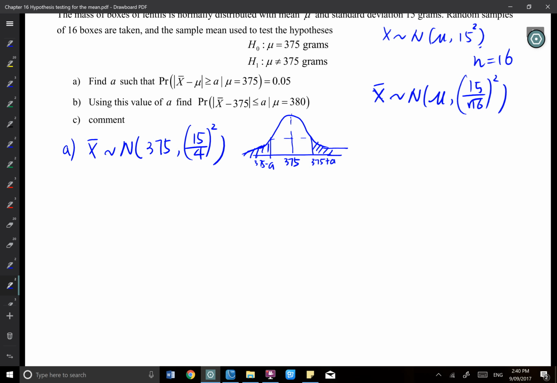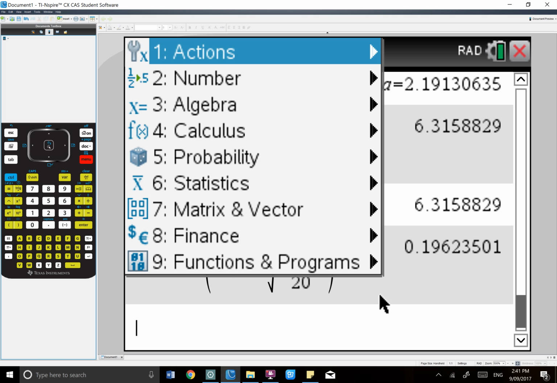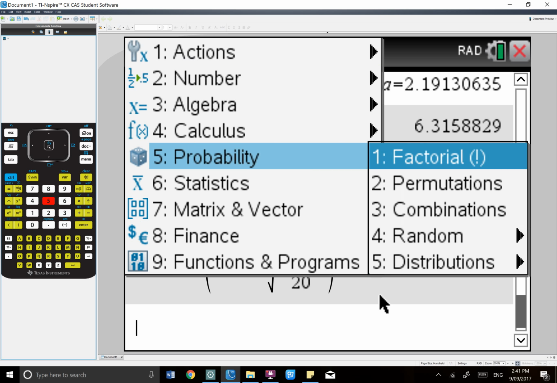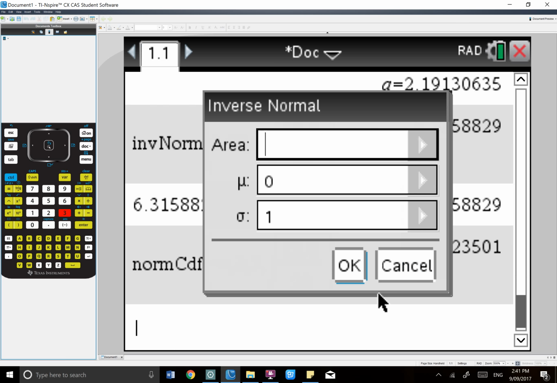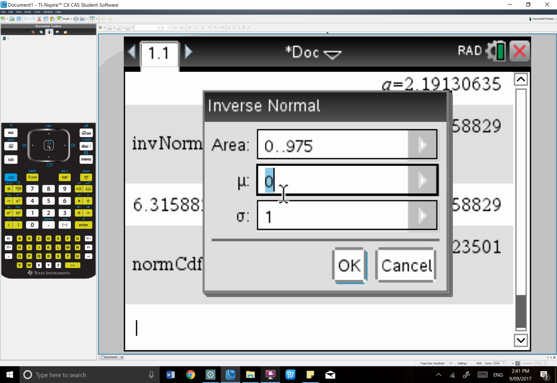I can put in a Z. The way this book tells us is to go back to a Z, but I don't really want to go back to the Z. So what I'm going to do is inverse normal of 0.975.